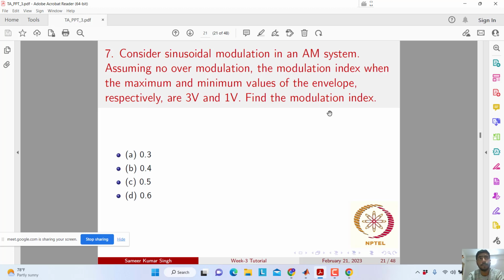So find the modulation index. So please try. Question is clear?